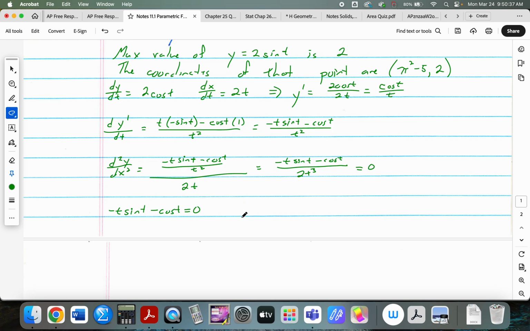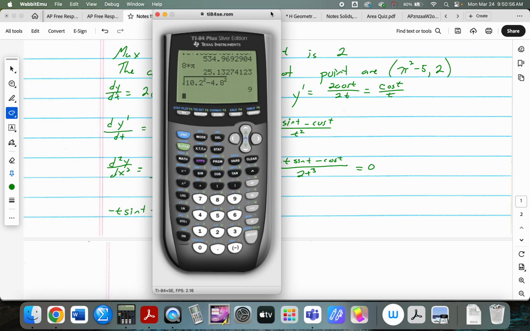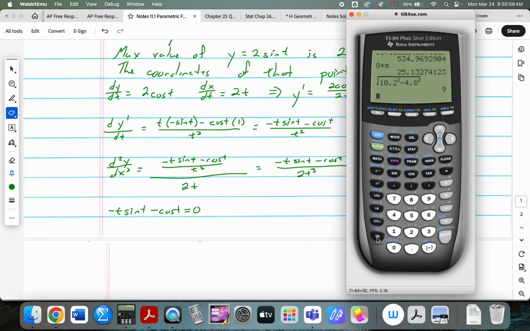And since that's got both trig functions and polynomial mixed together, that's always a chance for you to use your calculator to solve that. So I'll grab my calculator, and I've been using this for geometry, so I need to change it back to radian mode.